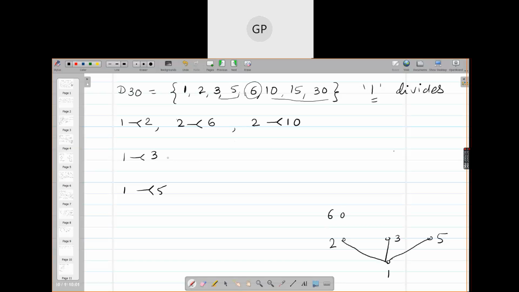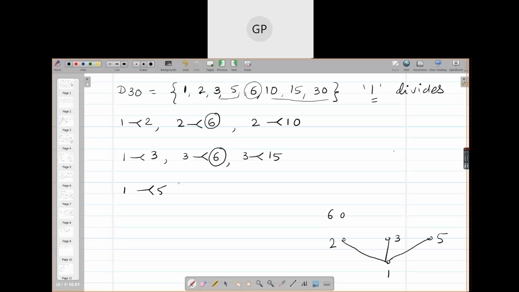Now 1 is covered by 3. 3 is covered by what? 3 is covered by 6 also, and 3 is covered by 15. So 6 is the common element which is covered by 2 and 3 both.